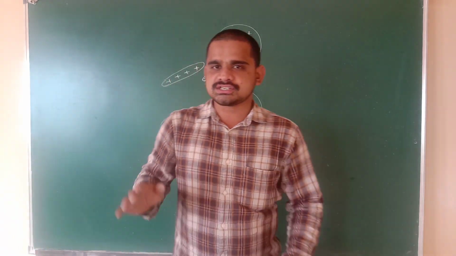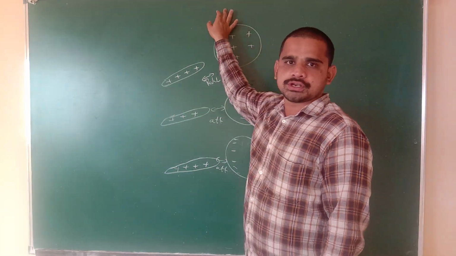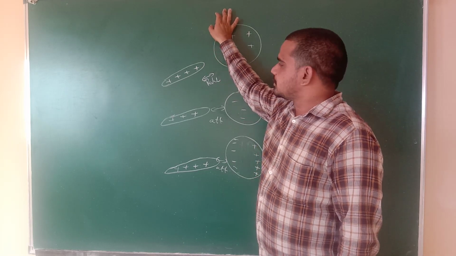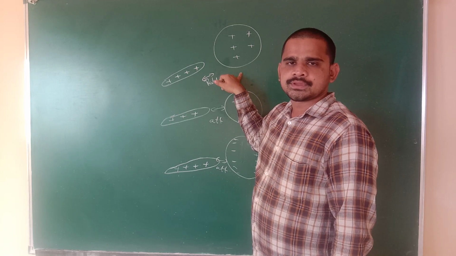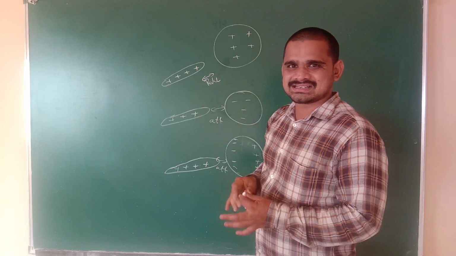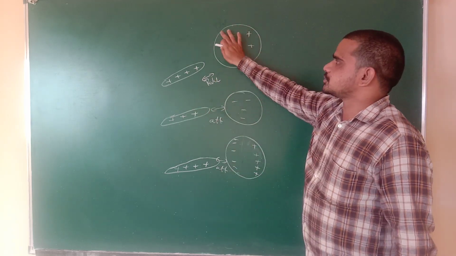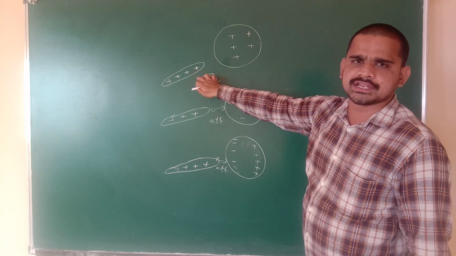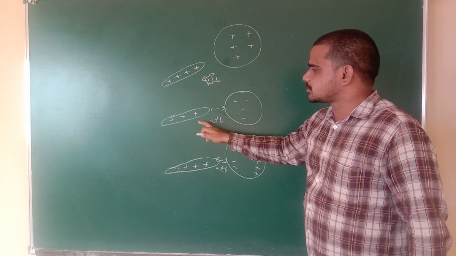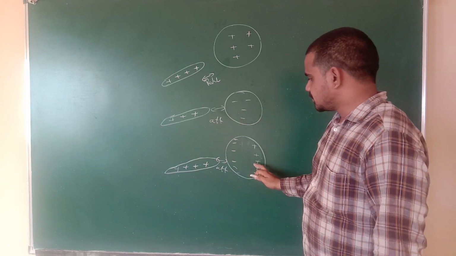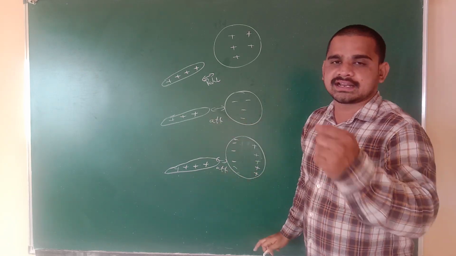If you don't know the charge of this body, you bring the positive rod to it. If it is a positively charged body, the force is repulsive. If it is a negatively charged body, the force is attractive. If it is a neutral body, attractive force also takes place.